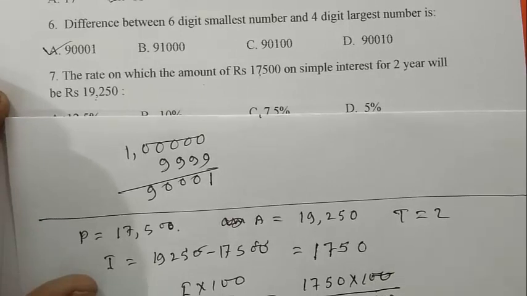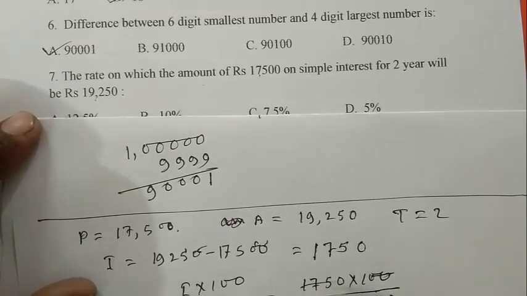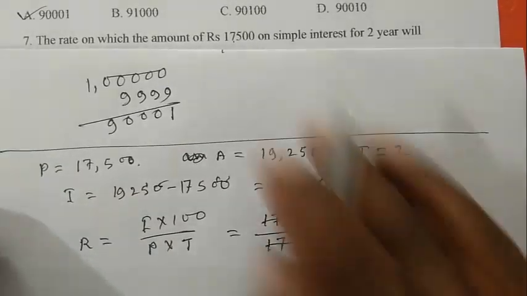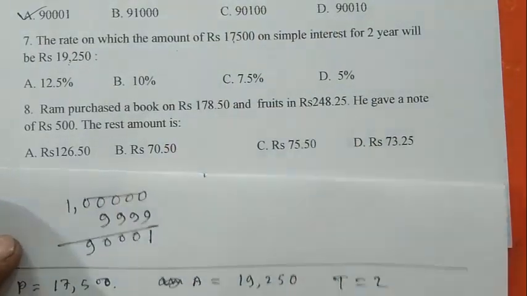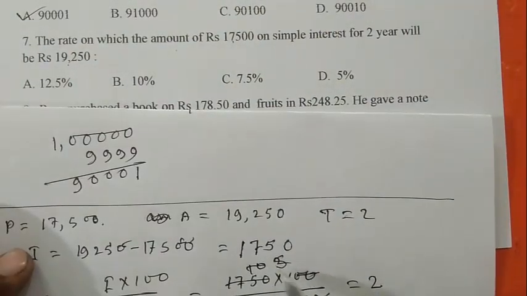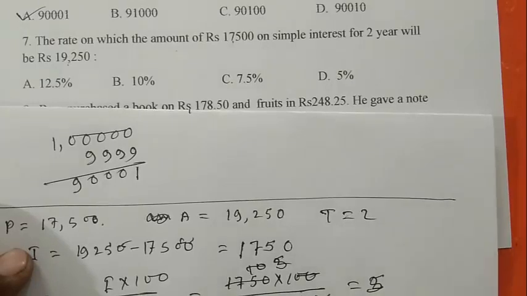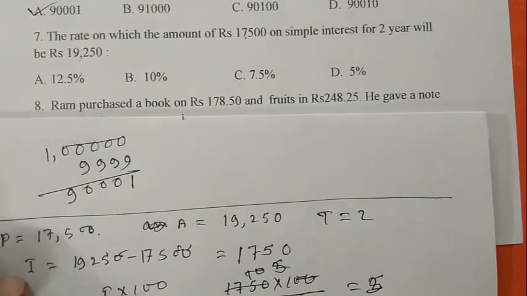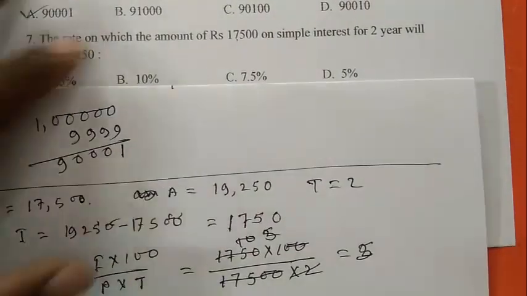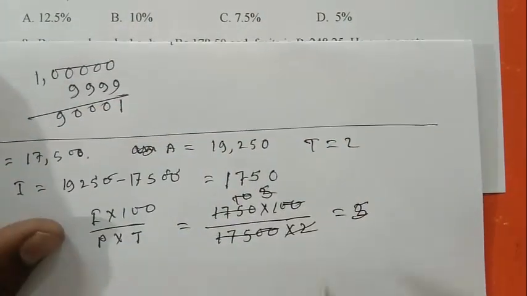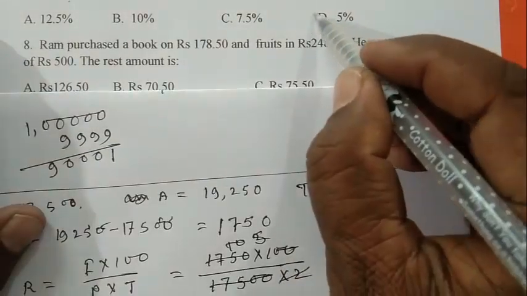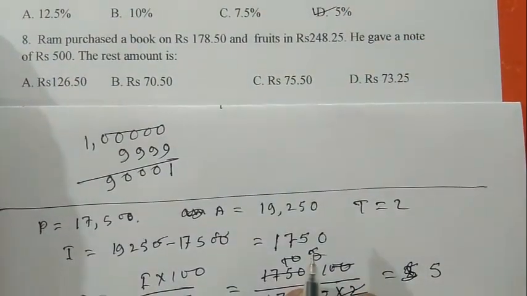First cut the zeros. When it is divided, it becomes 5. So 5 is the right answer. D is the right answer.